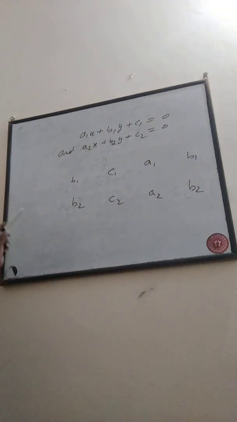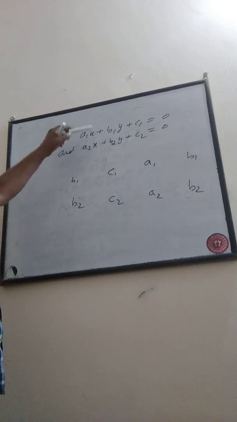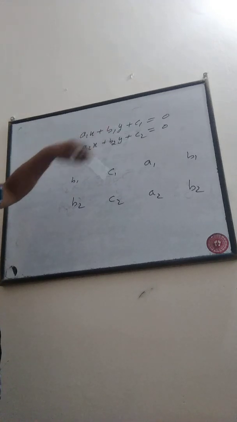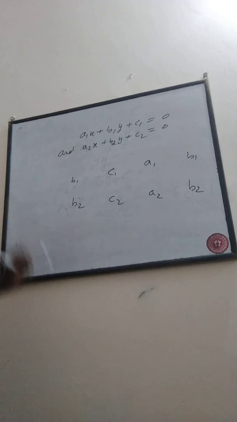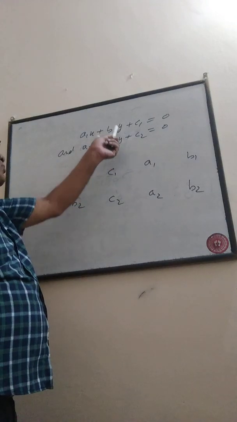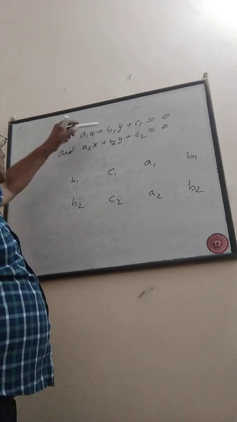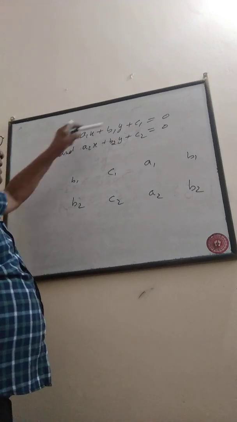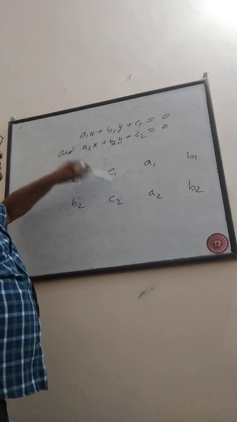First of all, we will write the coefficients and the constants in this way. Starting from the coefficient of y, we write b1, b2, then we write c1, c2 constants.